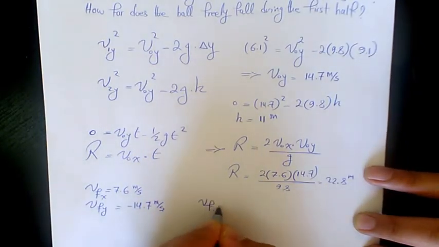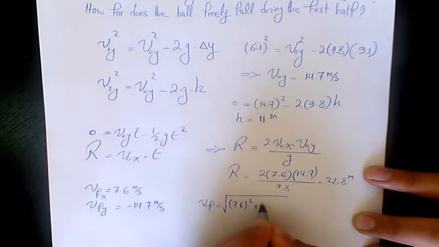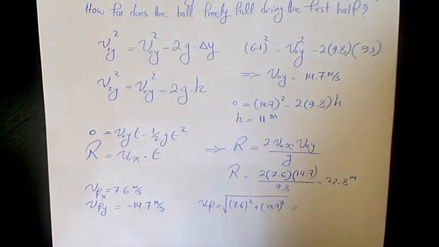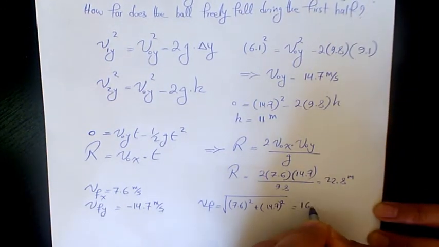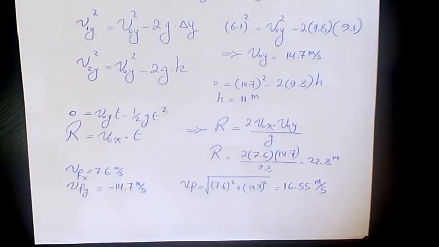So that's why it's negative 14.7. So Vf will be the square root of 7.6 to the power of 2 plus 14.7 to the power of 2. The square root is going to be 16.55 meters per second. That's going to be the final velocity.